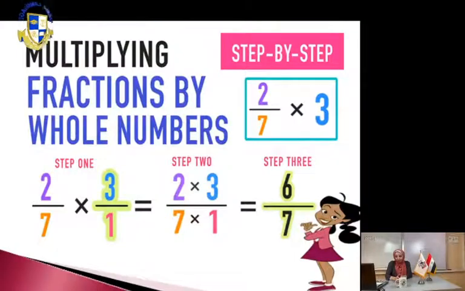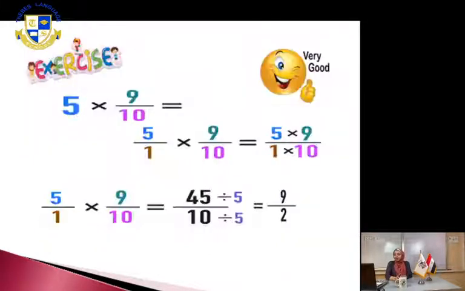You know that. We have here 2/7 multiply 3, put 1 under 3. Then multiply the numerators and multiply the denominators. 2 multiply 3 equals 6, and 7 multiply 1 equals 7. Excellent. It will be 6/7.